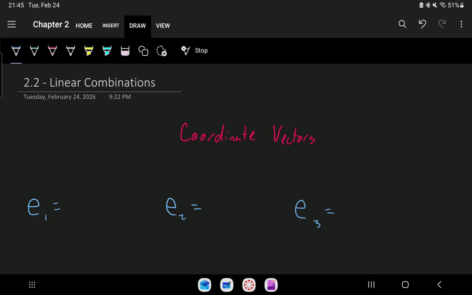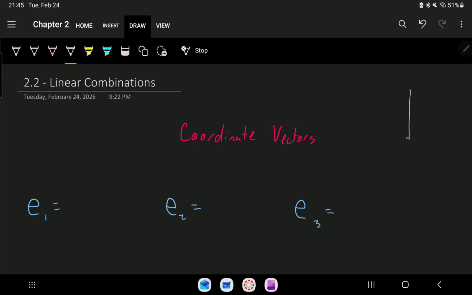So to start talking about linear combinations, I first want to look at coordinate vectors, right? There are three basic vectors in R3. So in basically three-dimensional space, these vectors are going to be representing the graphical axes.